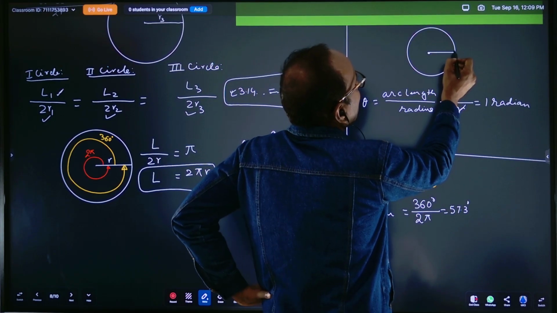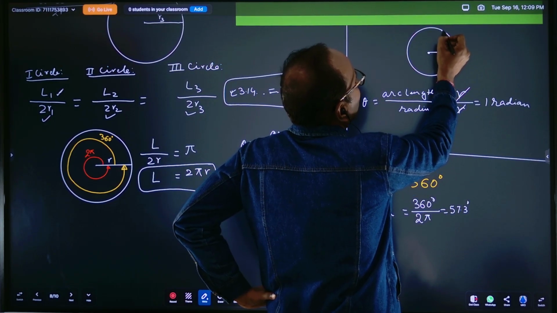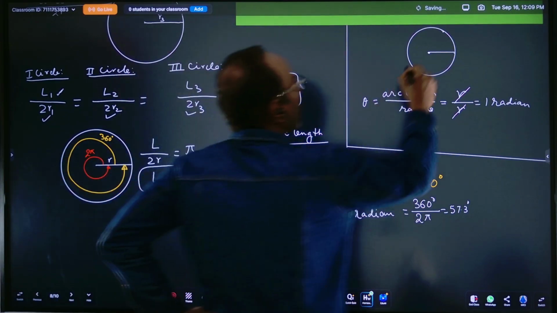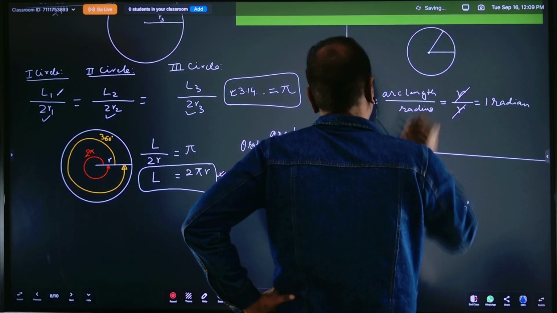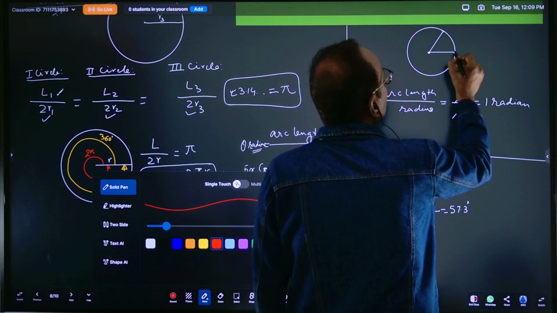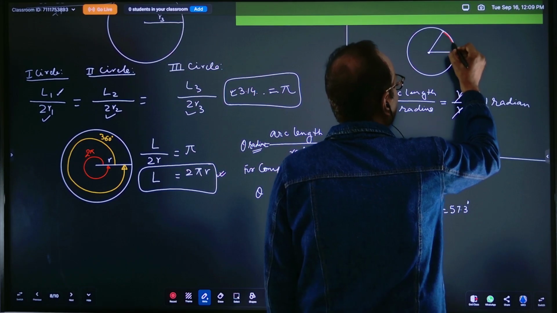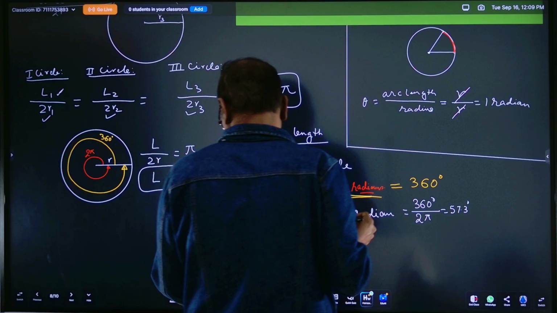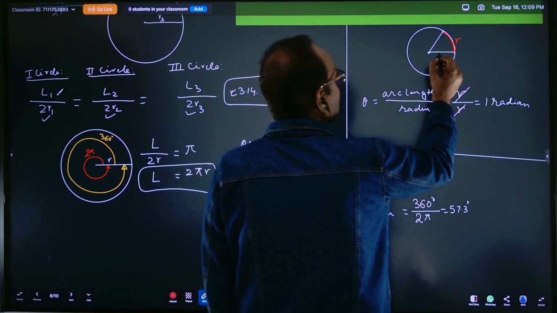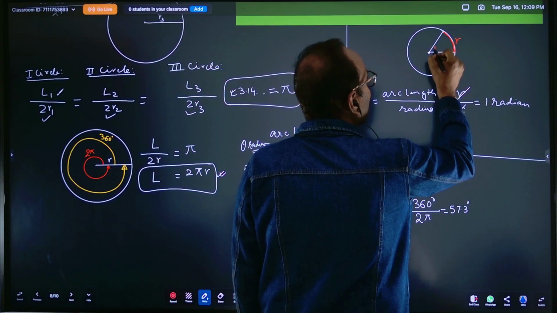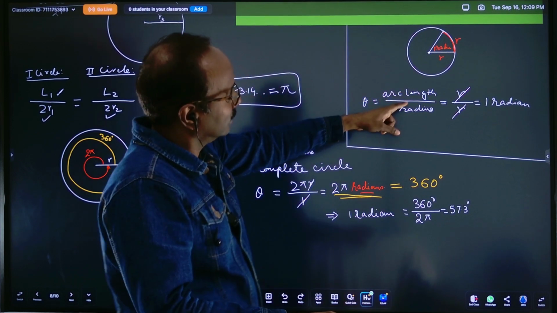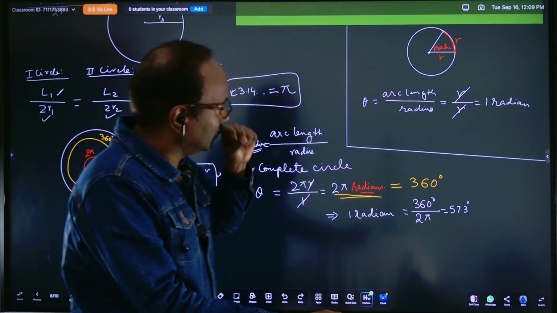So it means if you get an arc of length r, here to here the length is r, if radius is r, then this angle will be your 1 radian, because r by r you are getting 1 radian.